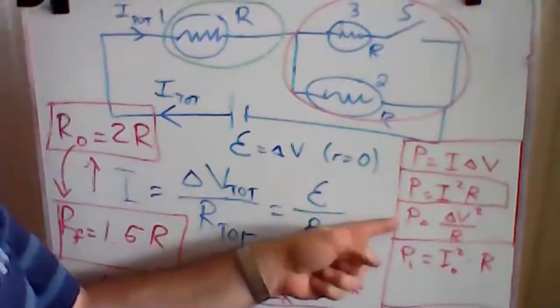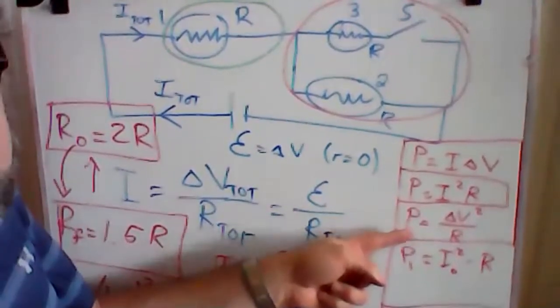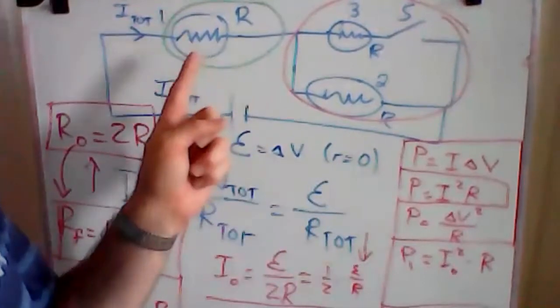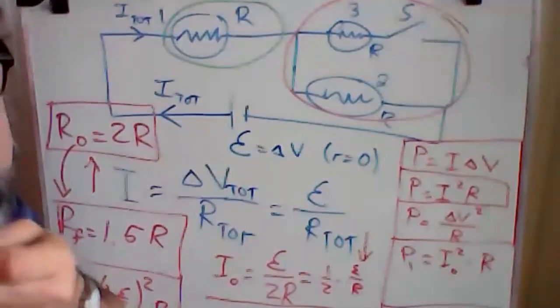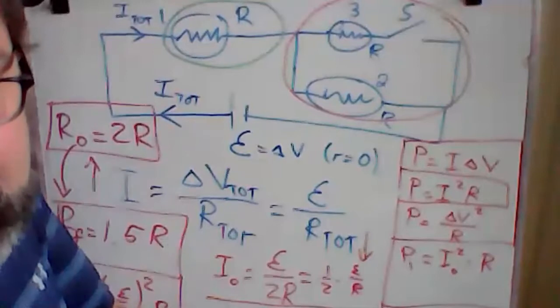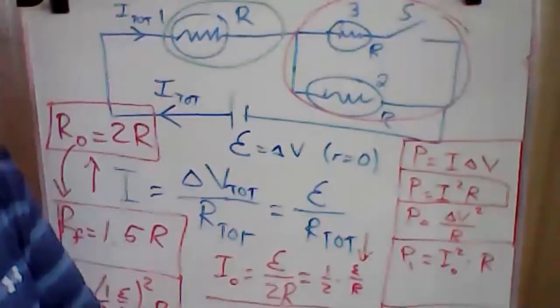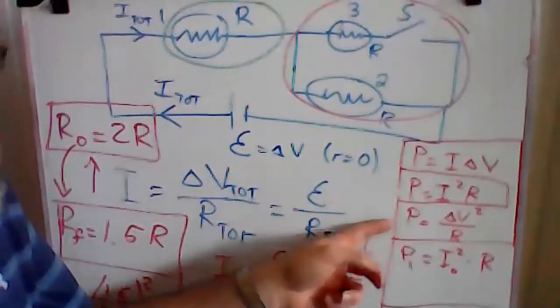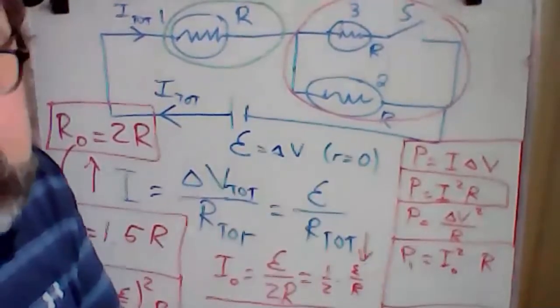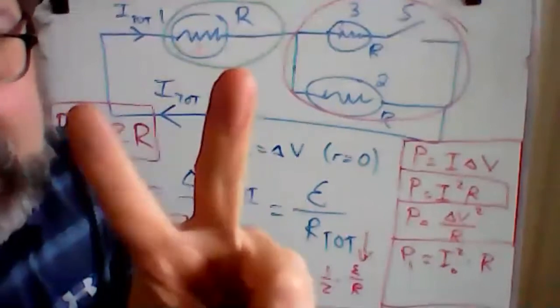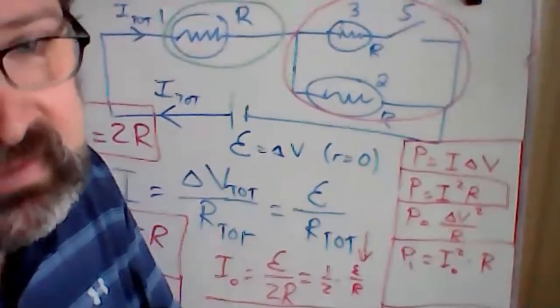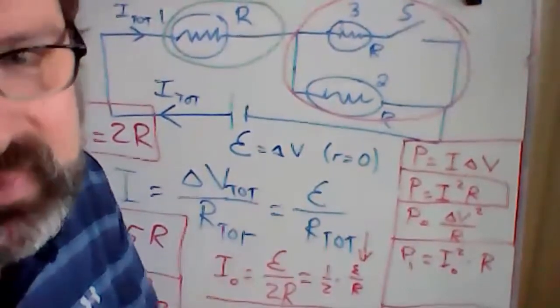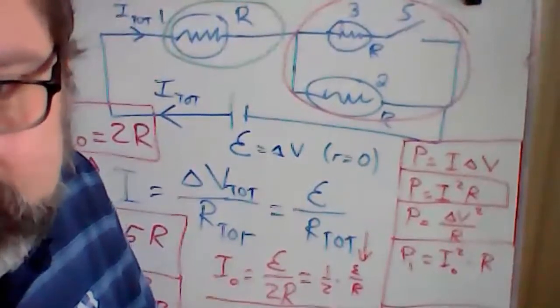We could have also done this, but finding the delta V across the first resistor seems to me not as straightforward as finding the current overall in the circuit. So the second one is a better option than the third one. The third one could work. The first one seems counterintuitive, especially because then you have to find I and delta V across that resistor, and why would we do that? It seems not a good idea. Okay?